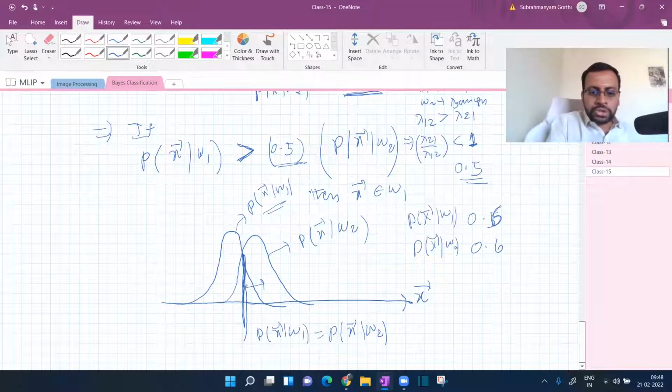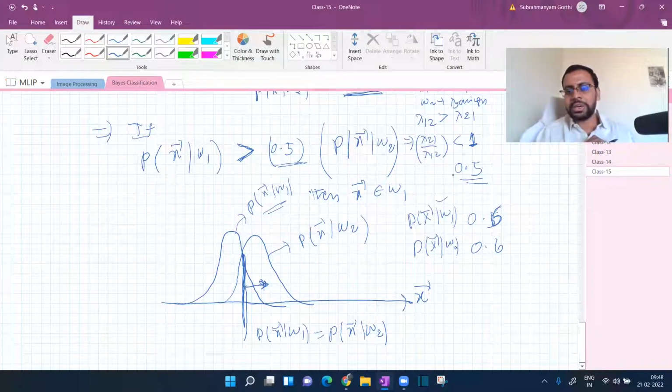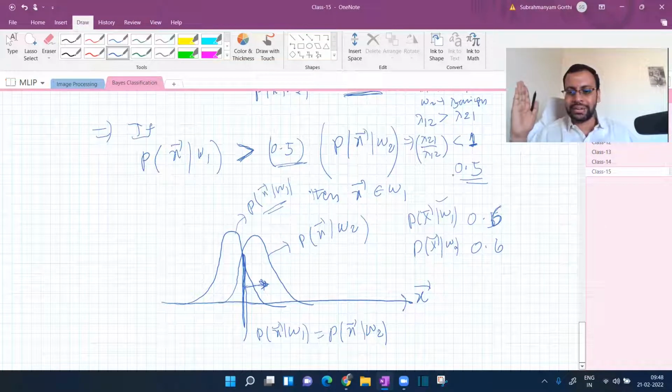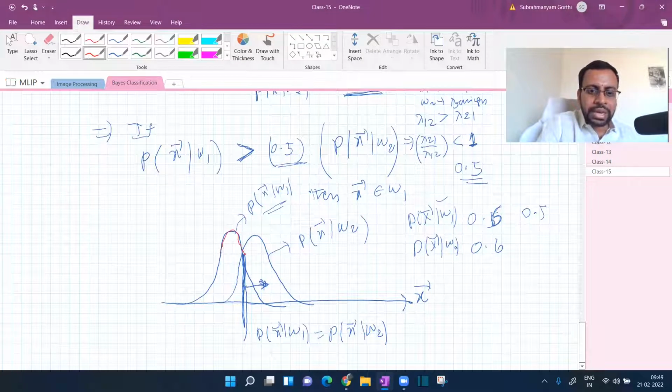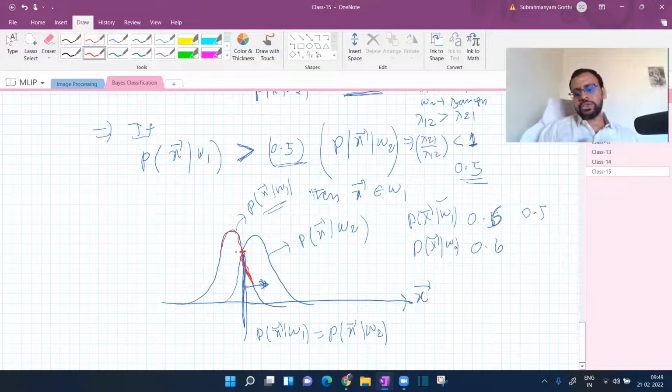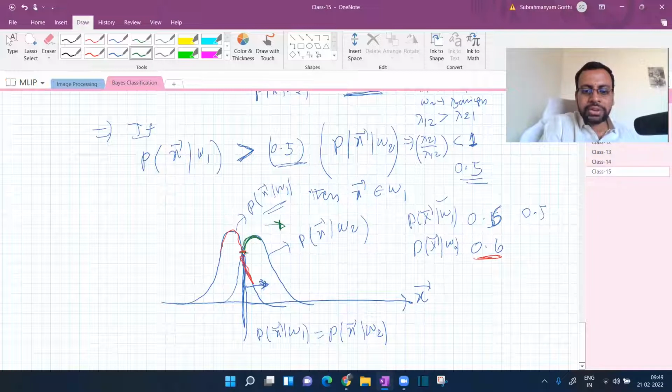And when you are moving to the right here, the question is, does this term reduce or increase as I move from this boundary line? It reduces, is it not? I will draw it in a different color for you. As I am moving from here, this is reducing. Let's assume that is becoming 0.5, and earlier this was 0.6. As I move, for this, is the likelihood increasing or not? That value?